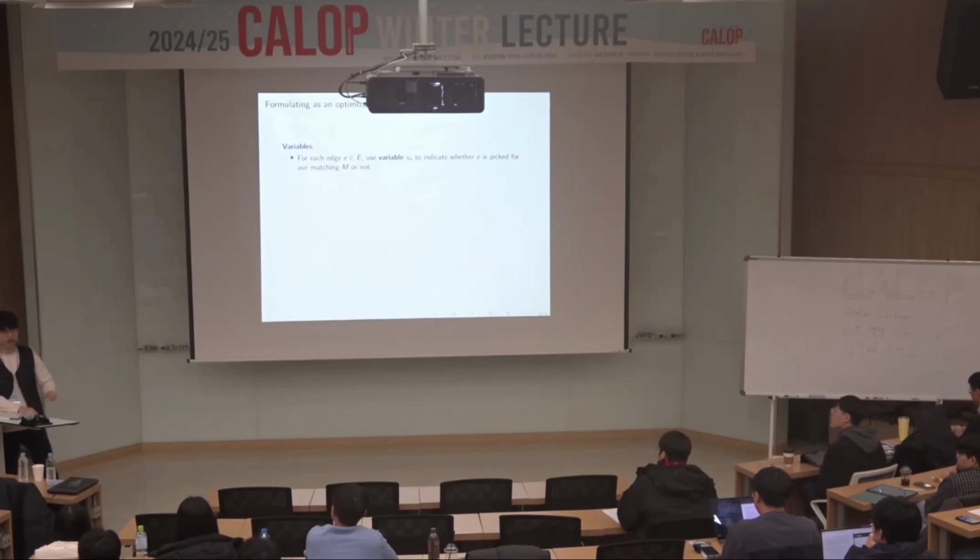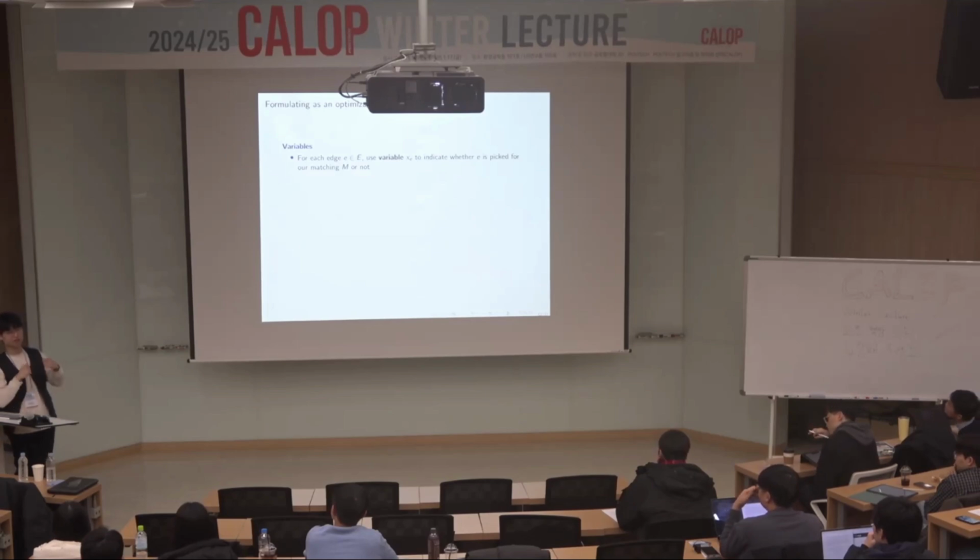One is purely combinatorial: you work over vertices and edges, like we did for analyzing the augmenting path algorithm. But there's a little bit different way, which is based on formulating the problem as a linear program or integer linear program, which I will explain in a minute. So this is the other approach, which is different from the combinatorial way.